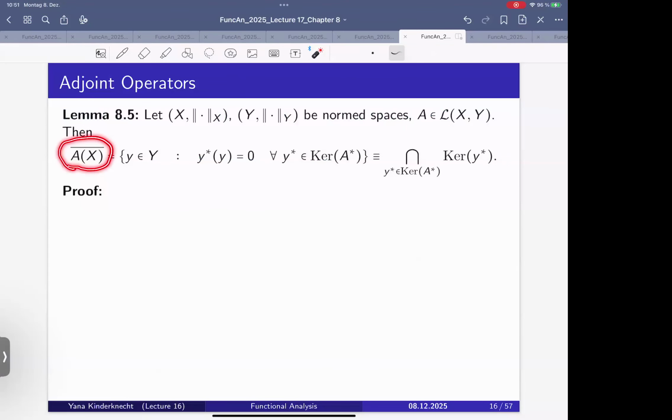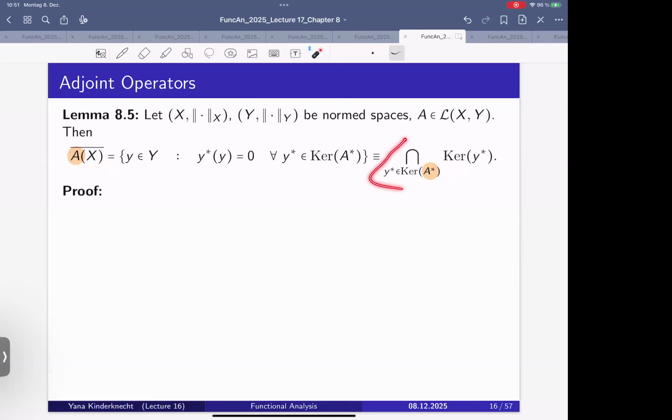The closure of the image of the space X under the mapping A is the intersection of the kernels of all continuous linear functionals y star such that y star belongs to the kernel of the adjoint operator. So here we have A, here we have A star. This is the relation between them.